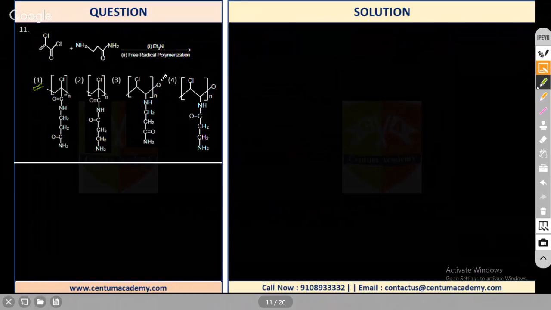These options are not possible at all, so you can eliminate these two options easily. Since it is a free radical substitution reaction, the product will be this because this hydrogen and this chlorine will join. So hence option A is the answer here, right? Option A.